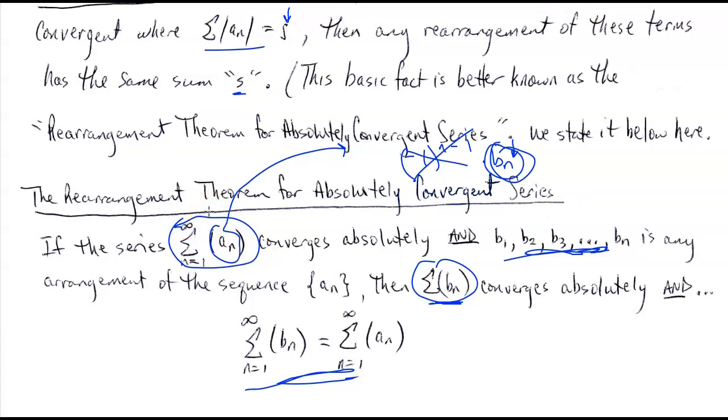Now to put that another way, we're considering this series here that has possible negative terms as we add it up, and we're saying that this particular series with the a sub n converges absolutely.